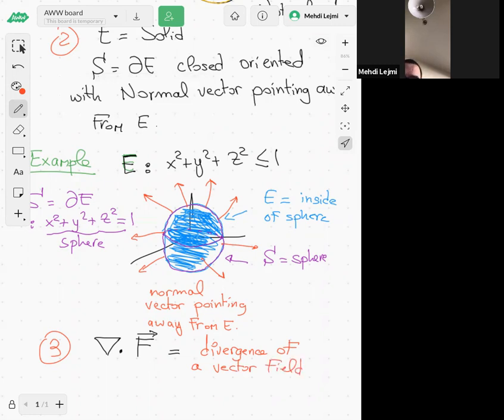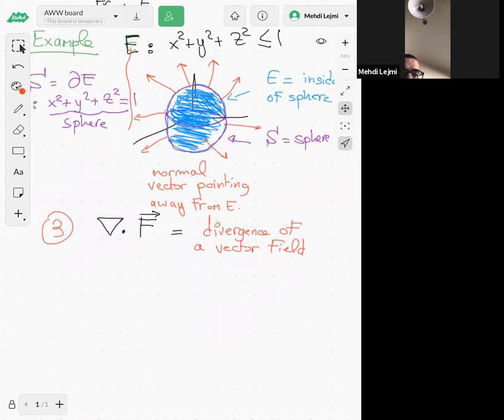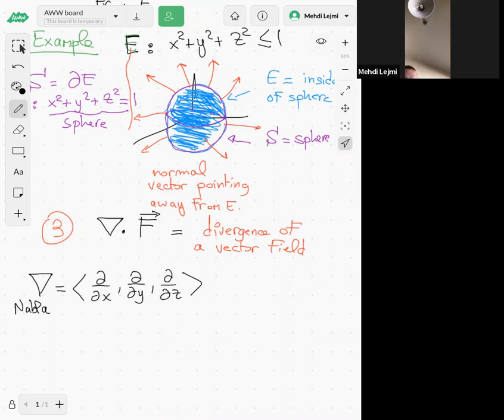Let me remind you what the divergence of a vector field is. Just to remind you, this nabla del operator is the vector given by the partial derivatives. For example, let's say F is a vector field, x y squared, y z, and z cubed, just a random example.